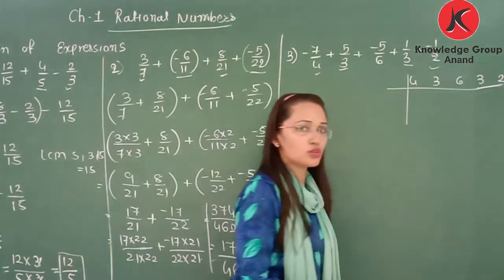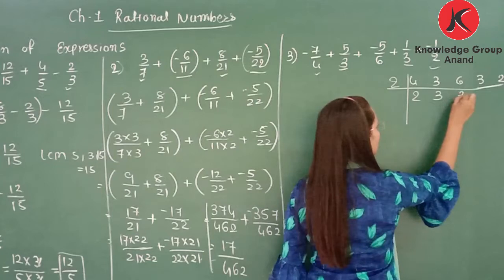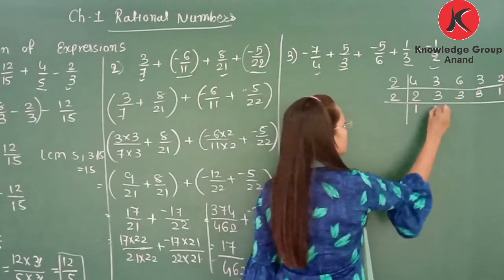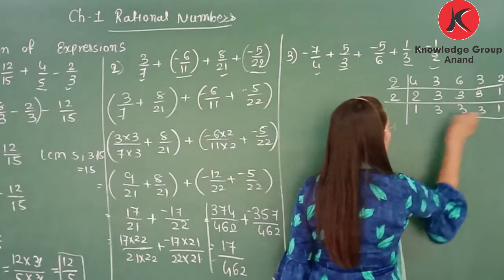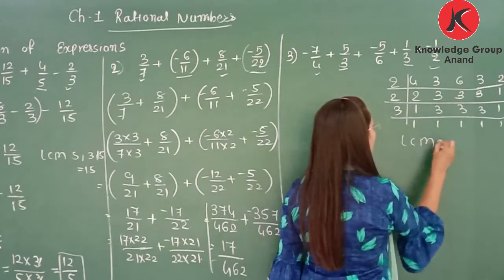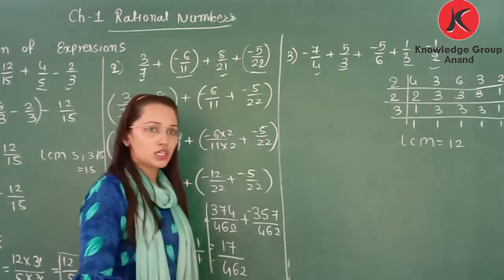So that will also be a simple example. So 2 2s are 4, 3 as it is, 2 3s are 6, 3 as it is, 1, 3, 3, 3, 1 and 3, 1, 1, 1. So the LCM is 12. Now get the denominator of 12 in each rational number.